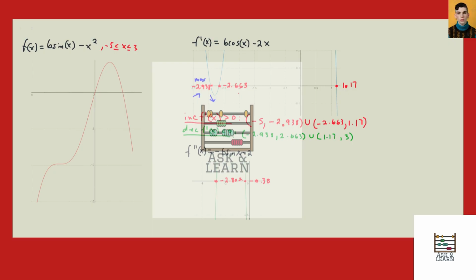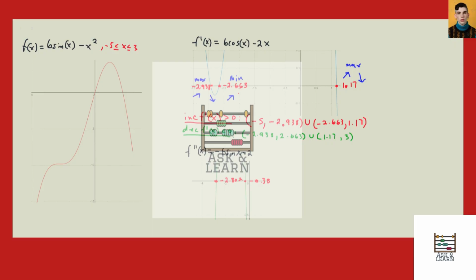Then for our other one, we're decreasing into it and then increasing after, so this is going to be a local min. And on the other side, we're still increasing into the point and then decreasing after, so this here will be a local max.